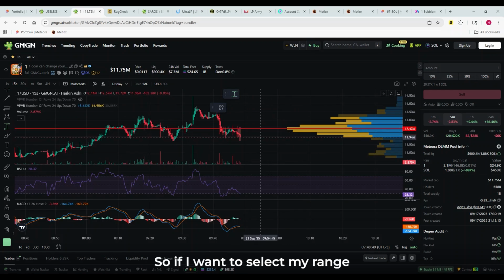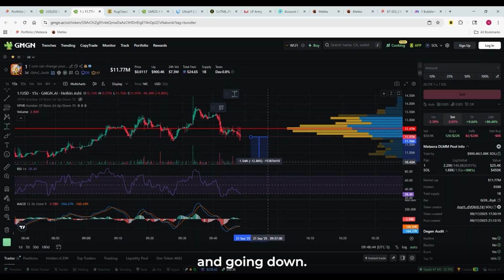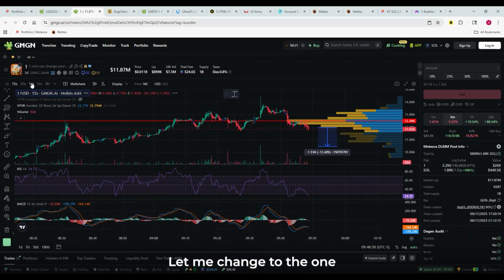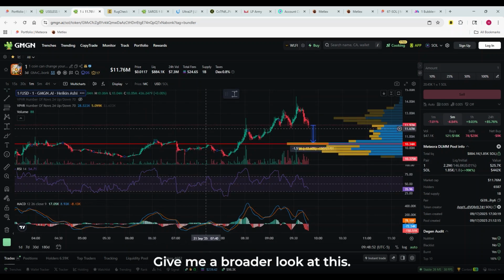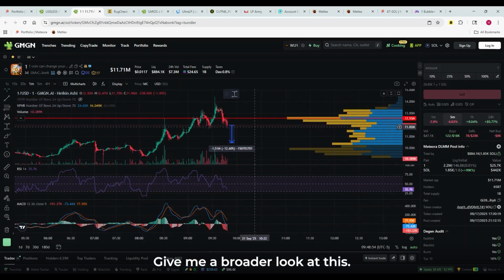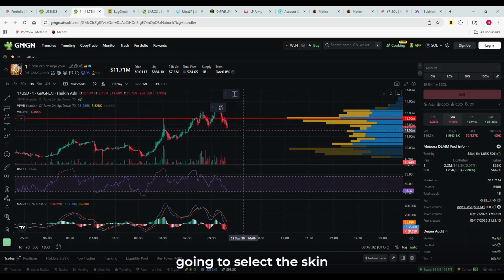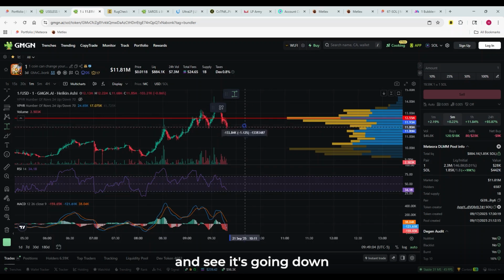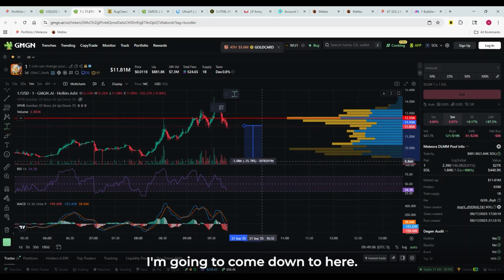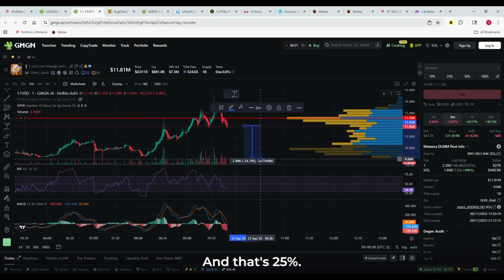So if I want to select my range, I'm coming right here to the actual price and going down, and I can see a little bit here. Let me change to the 1 minute chart. Give me a broader look at this. So delete that. And I'm going to select this again. I see it's going down. I'm going to come down to here, and that's 25%.